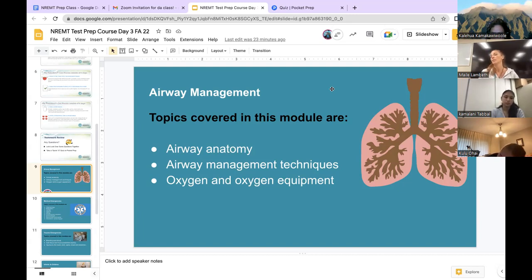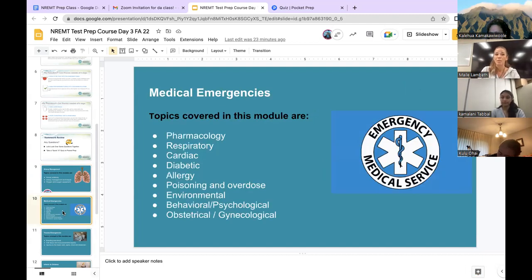Okay. Let's just double check a few things. Which airway adjunct gives us the highest percentage of O2? Okay, so BVM, CPAP, anything that's positive pressure, that's the key word, right? Anything that's positive pressure ventilation, it's 100% O2, right? Okay, good. So that's your airway section.